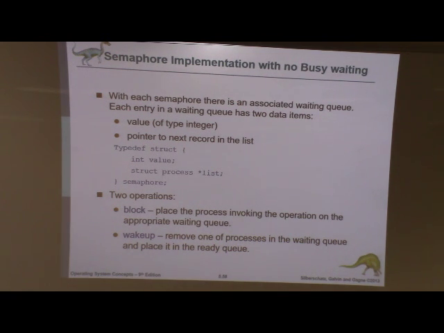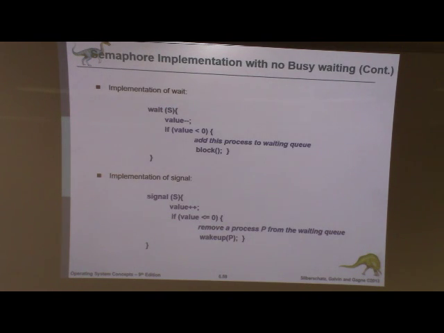Block means when we have a new student, we put them in the waiting queue, the waiting room. The other is wakeup: if they are sleeping, we need to wake up one of the students from the waiting queue. Then wake up the process, which is picked to enter the critical section. So that is the alternative solution to address the problem of busy waiting.